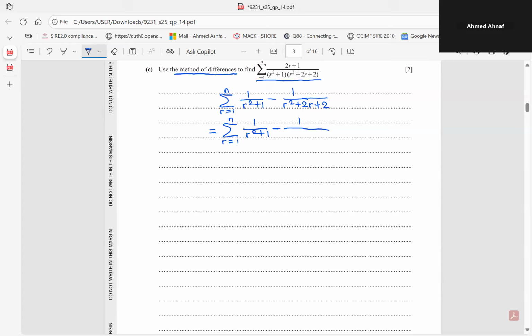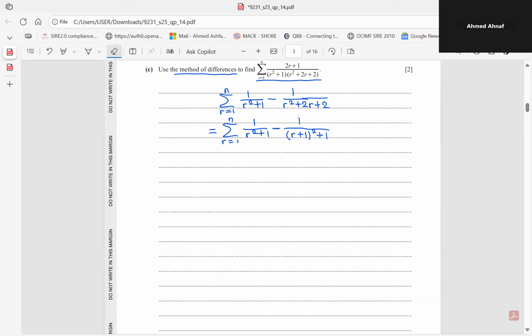Completing the square gives us r plus 1 squared minus 1 squared, that's minus 1, plus 2, which is just plus 1. And as you can see, this fits very nicely into this form, like n minus n plus 1, something like this.